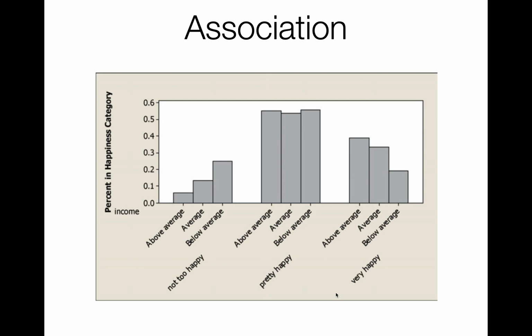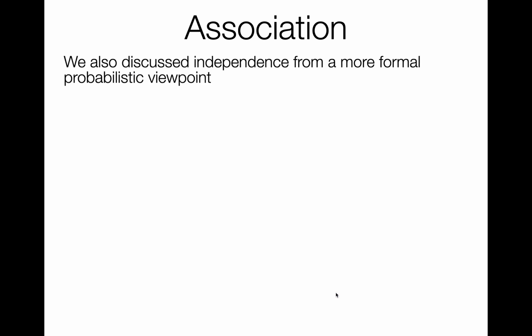If it were independent, then for each section of three bars, the heights would be the same. It wouldn't be the same across all of them. It just needs to be the same across the three that are together. So that's association in a holistic way, if that's the right word.